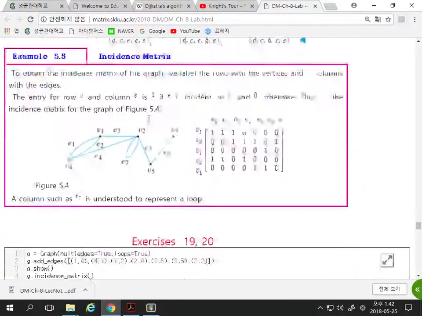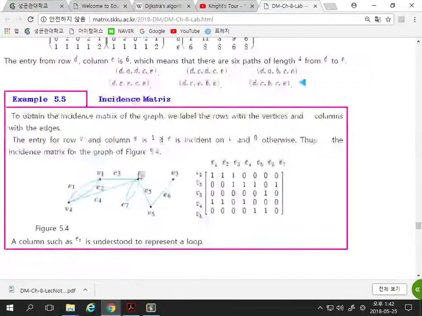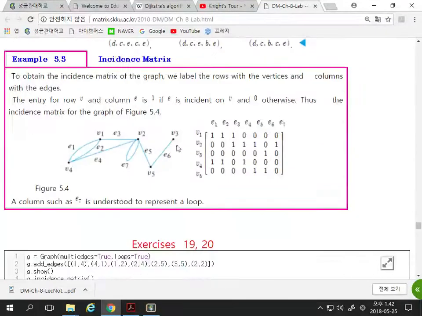And the last part of this section is the incidence matrix. Here, if we have an edge from V1 to V4, E1 connects V1 and V4, then it has 1 entries at V1 and V4.